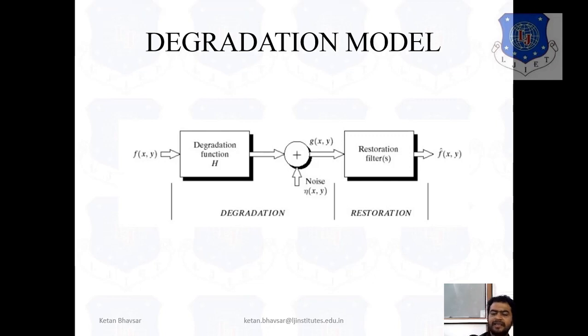These are the basic models of how your image quality actually gets degraded, and how we use different types of filters to extract your original image so it looks like the original one. Definitely we are not getting a 100% accurate result. The reason is very clear: there is no ideal filter available in the practical world, so you have to work on this concept and try to extract the content.